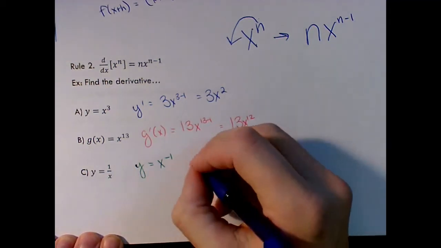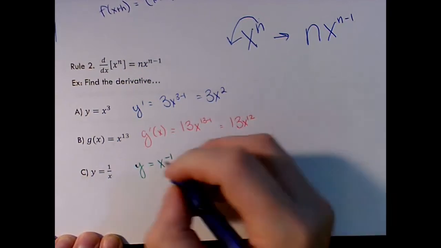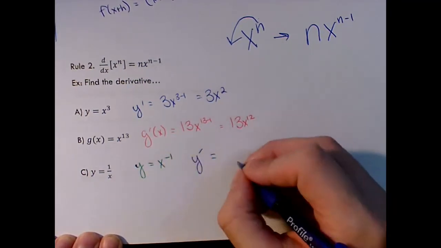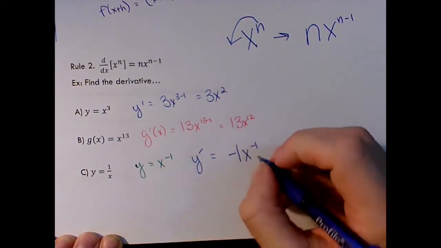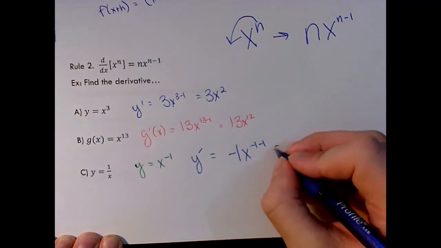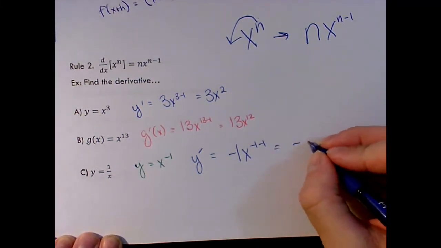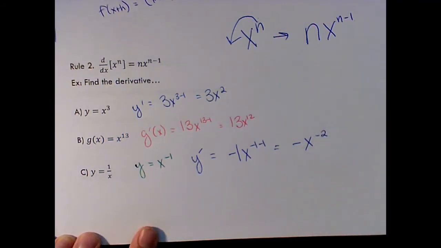And so y prime would equal, bring out the exponent, negative 1 x to the negative first power, take away 1. So that becomes negative 1 times x, which is negative x, to the negative second. And I hate the way that looks. So negative 1 over x squared.